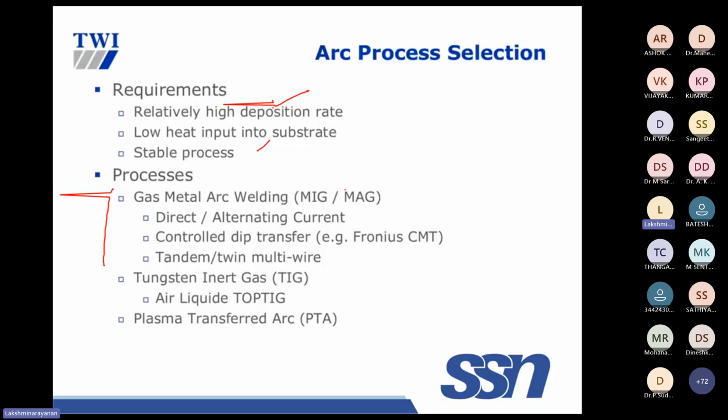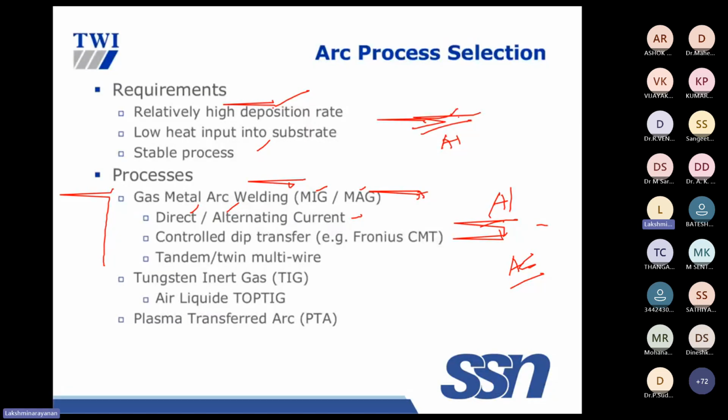If you want to deposit aluminum, you have to go for AC current, because if you deposit aluminum, there is always an oxide layer. For example, if you have aluminum here, there is always an oxide layer, Al2O3.